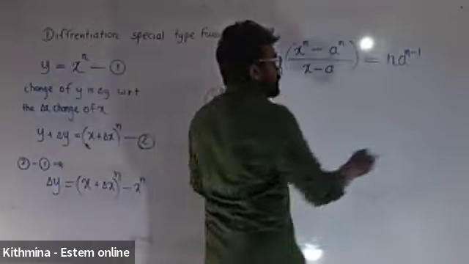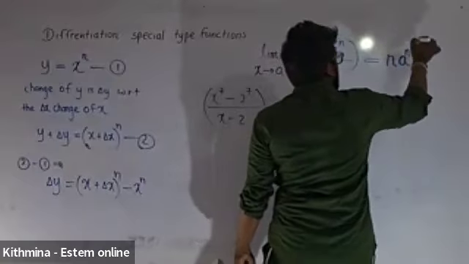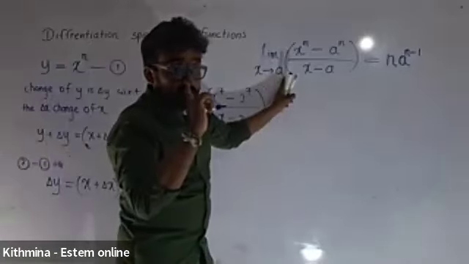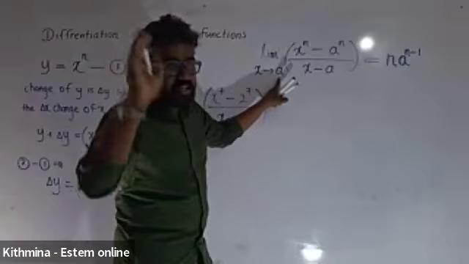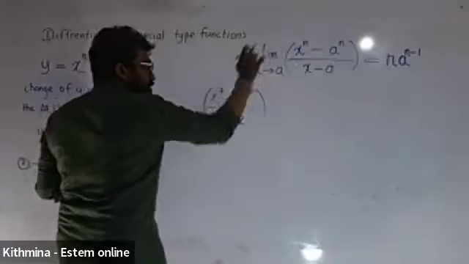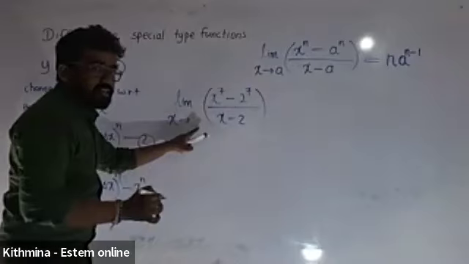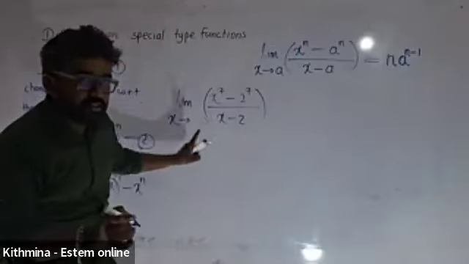Maheli, is it okay? n a to the power n minus 1. Then the limit is important. The limit should definitely go to a. If it goes to something else, we can't apply this law. Therefore, to apply this law, to what number should the limit go?